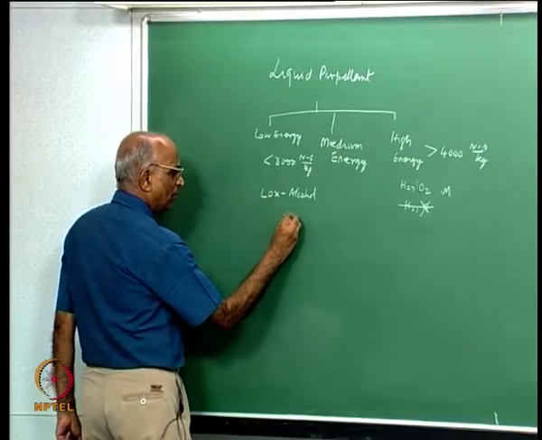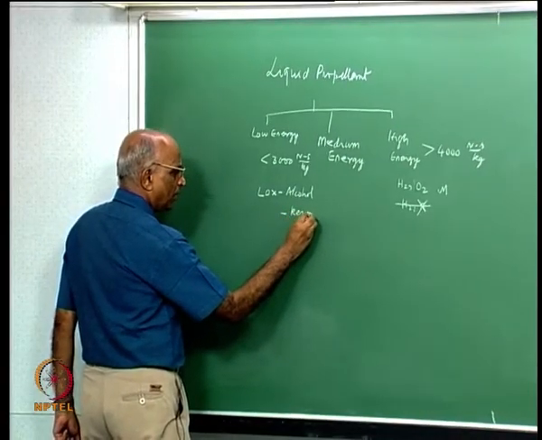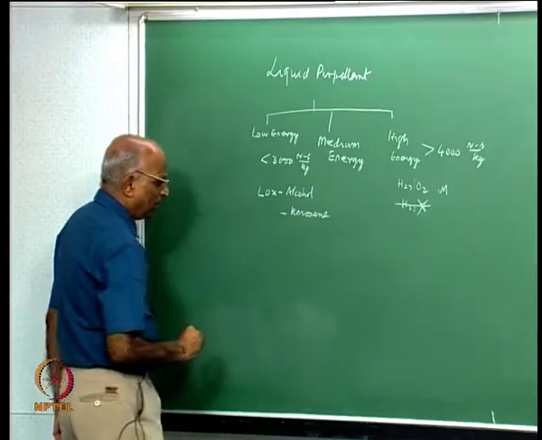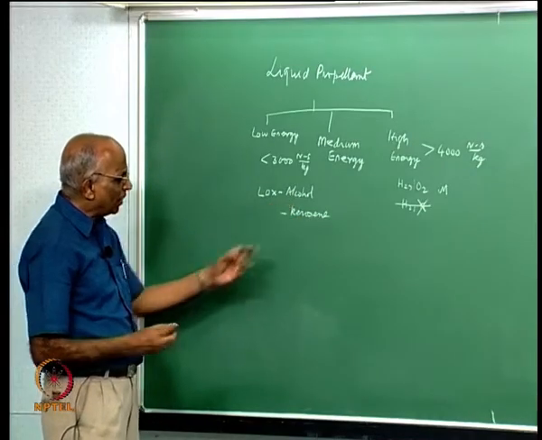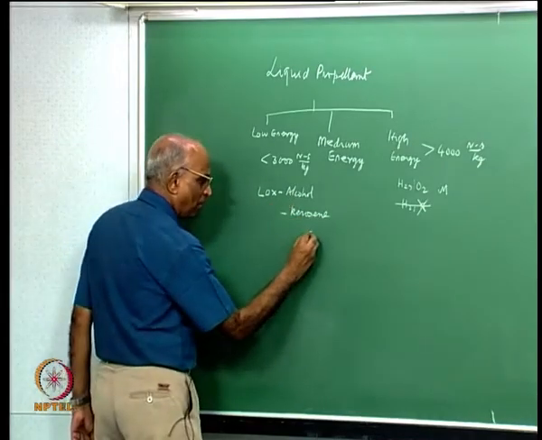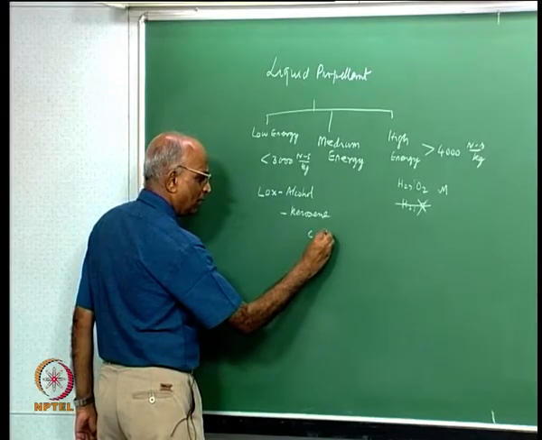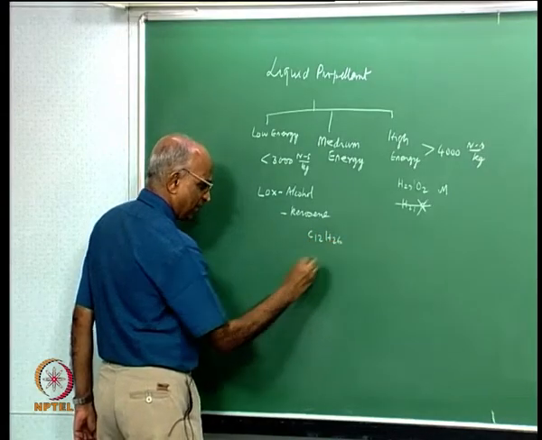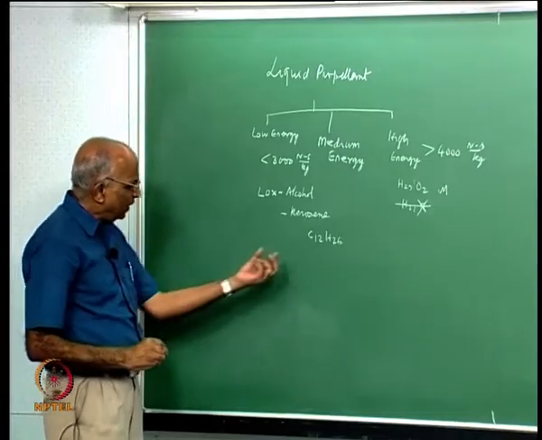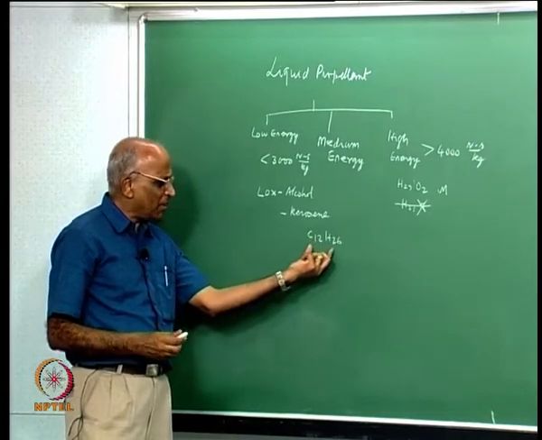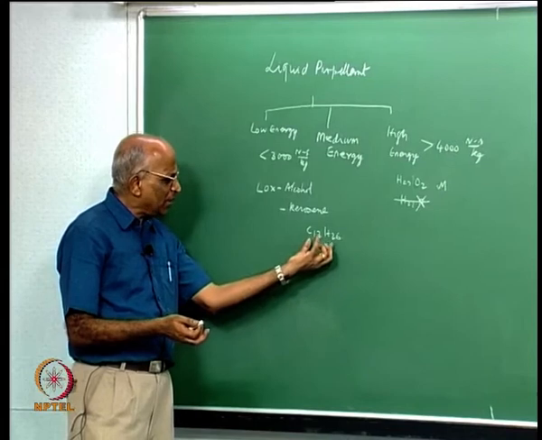From here we went to LOX kerosene. When we looked at kerosene we found it was an aliphatic compound, something like C12H26, and since it comes from a petroleum base it also contains some other constituents.